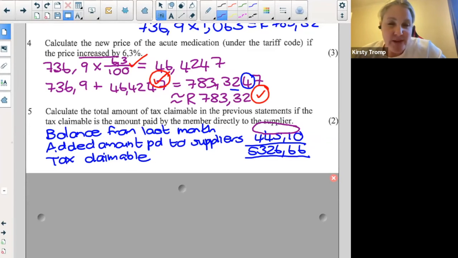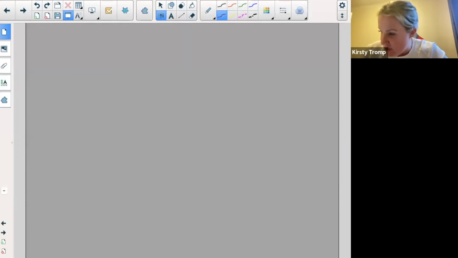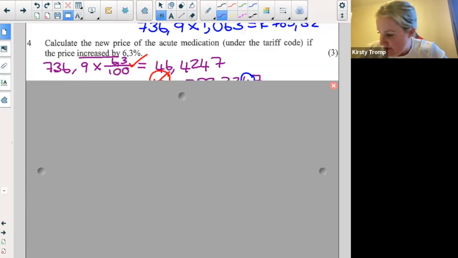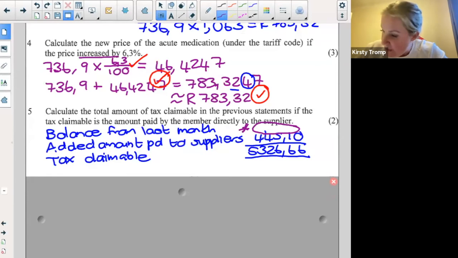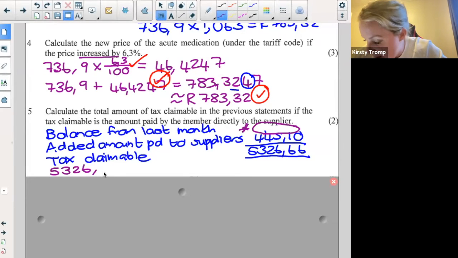Your classmates have said I need to subtract to get to this figure. So I need to say 5,326 rand and 66 minus 445 rand and 10 cents.